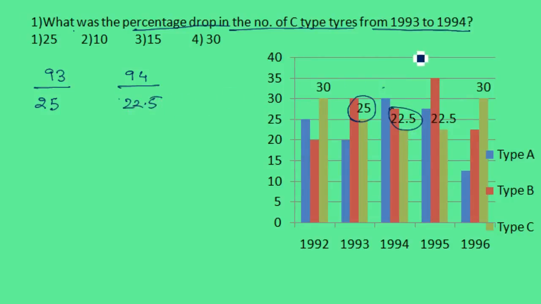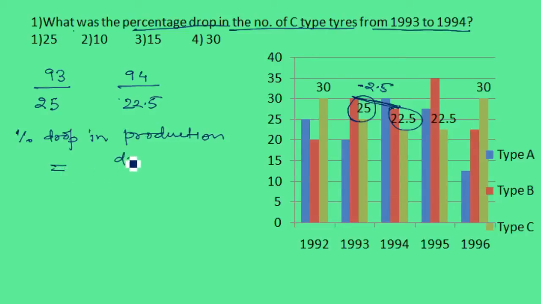So there is a drop of 2.5 lakhs. Percentage drop in production is very simple now.